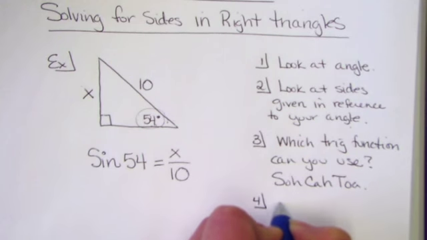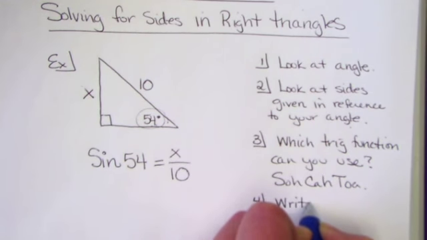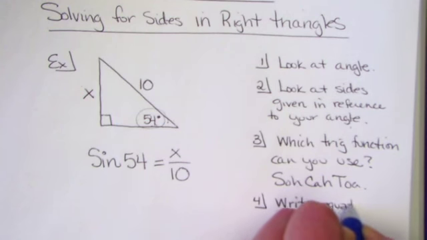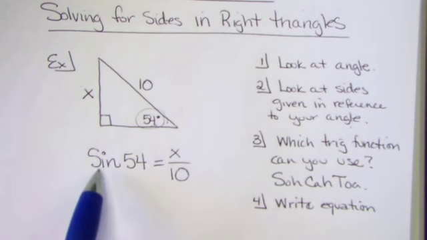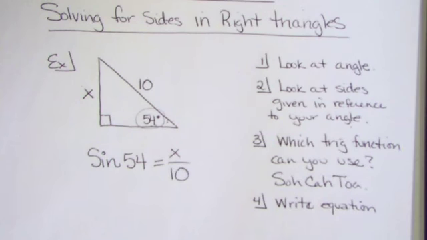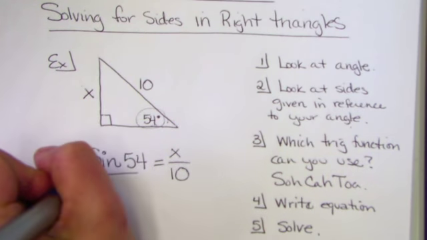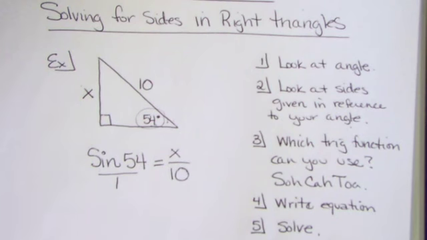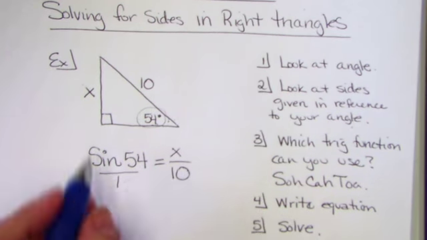So as you can see, step 4 is to write the equation. Remember, it is always the sine of an angle, cosine of an angle, tangent of an angle. And then the last step is going to be to solve, which we worked on in trig notes number 2. As a reminder, I'm going to put this over 1, and then we cross multiply.